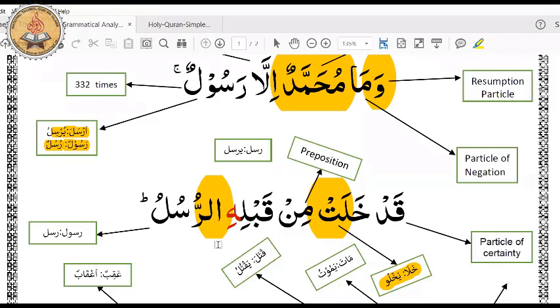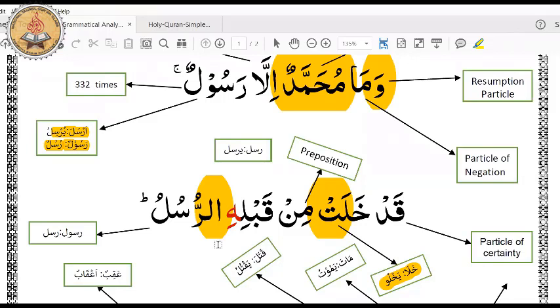So the Holy Quran repeatedly speaks about Masih ibn Maryam as a combined noun, but for Muhammad it is the same pattern. And from there, قَدْ خَلَتْ مِنْ قَبْلِ رُسُلٍ, before Jesus they have passed away.